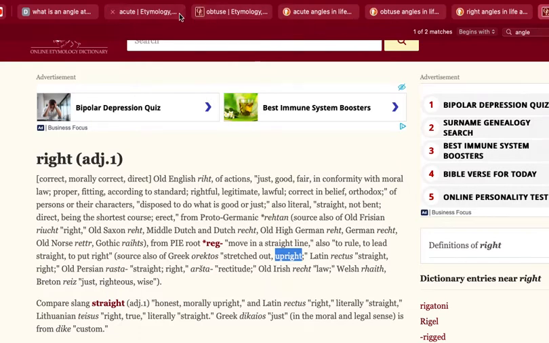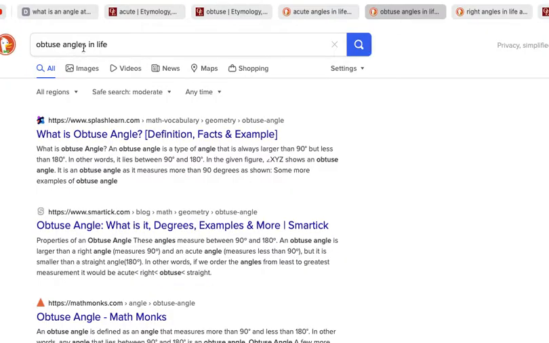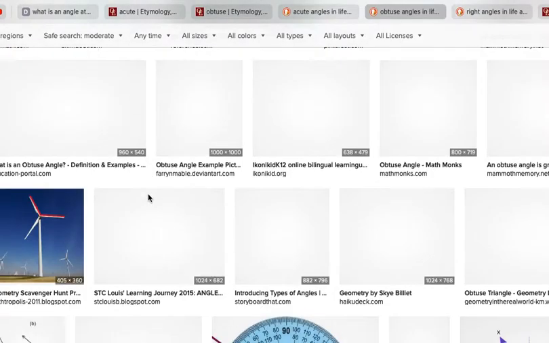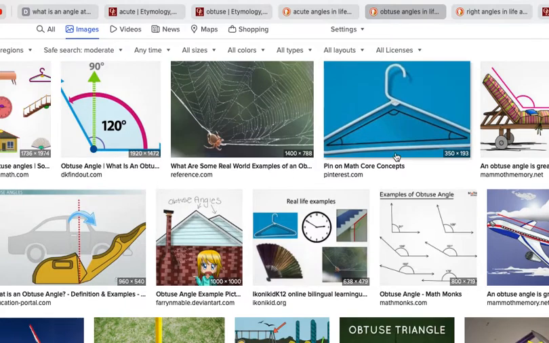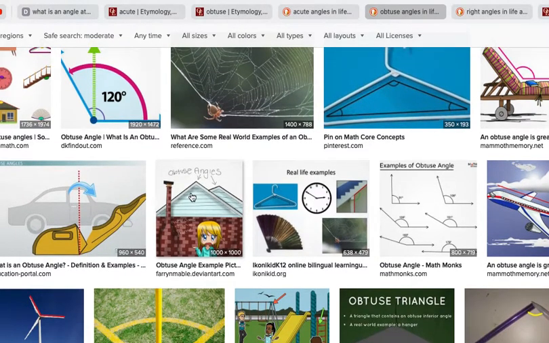So let's look at some examples. Do you remember what these ones are? I guess the word's written there, but they're called obtuse angles. A lot of times you see them on roofs. We saw them on the roof of a neighbor. But also on the corner are these two smaller angles that are more pointy. What are those called?